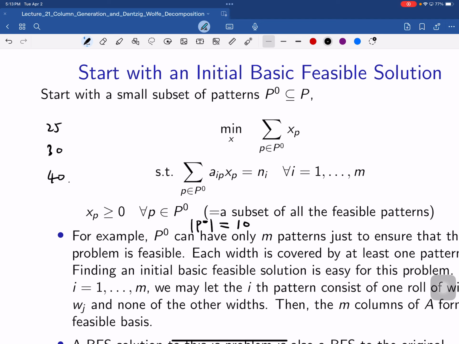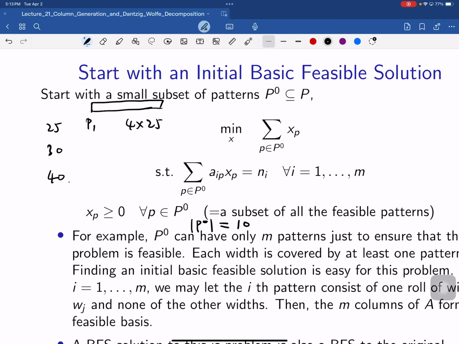Then the initial patterns I'm going to include will be the following. For this material with length 100, for P1, I'm only going to use the whole row to produce paper rolls of length 25. So you will get 4 of those, 4 times 25.